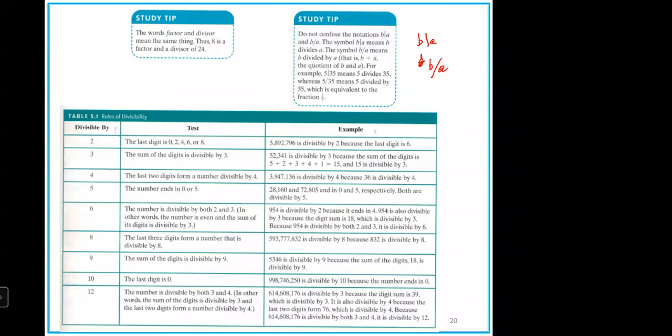Now on page 229, you will see what is called a divisibility table. These can be useful for mental math, because with a lot of our work on divisibility we are using calculators and can easily find out whether or not one number is divisible by another.